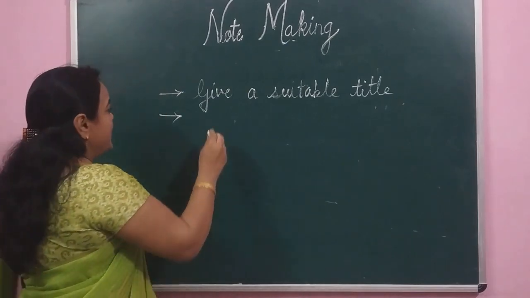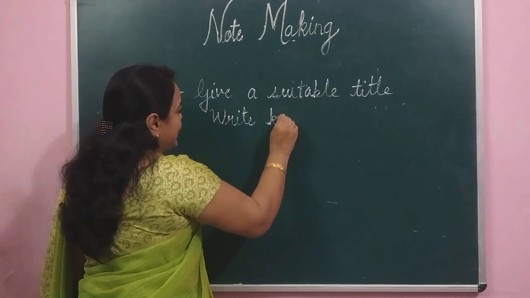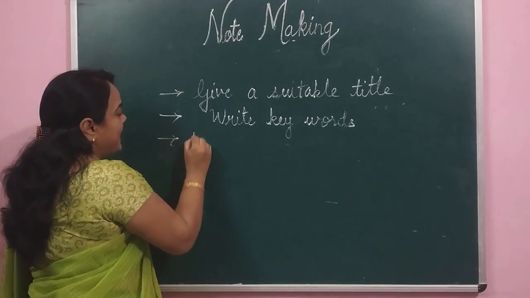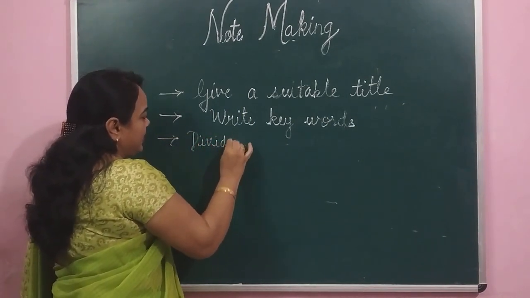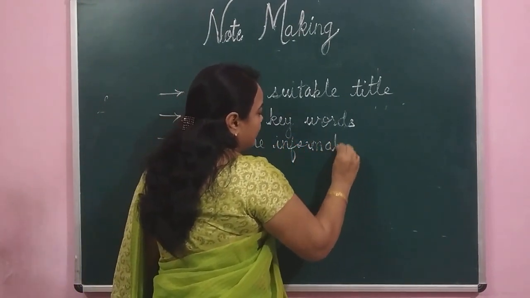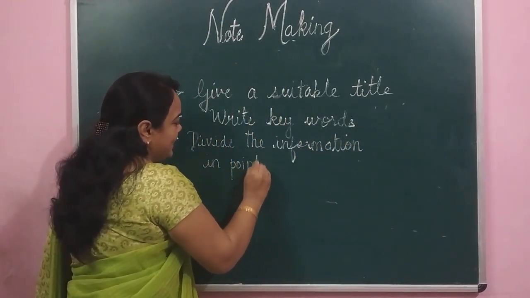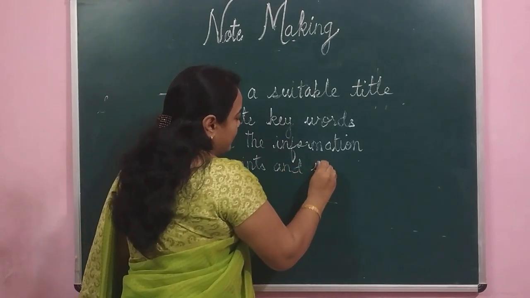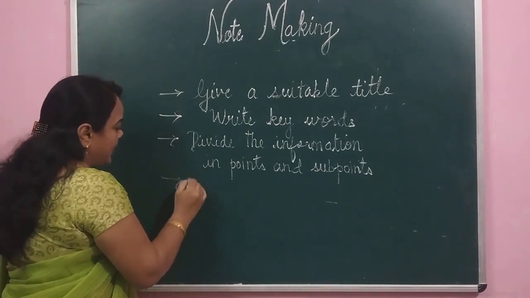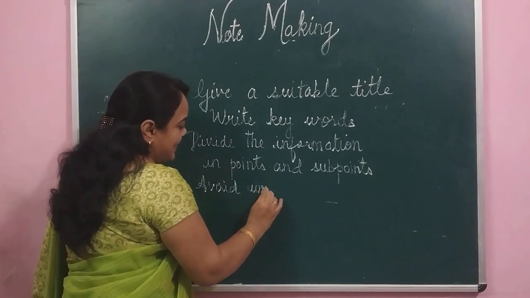So you have to write keywords, divide the information in points and subpoints. What should you avoid? Avoid writing complete sentences.